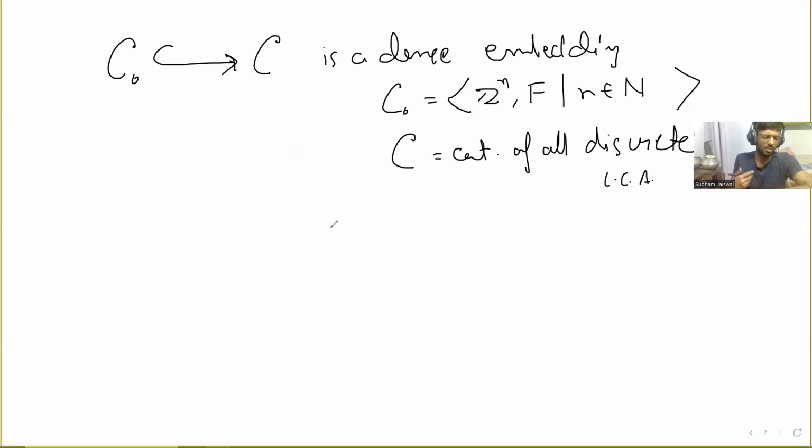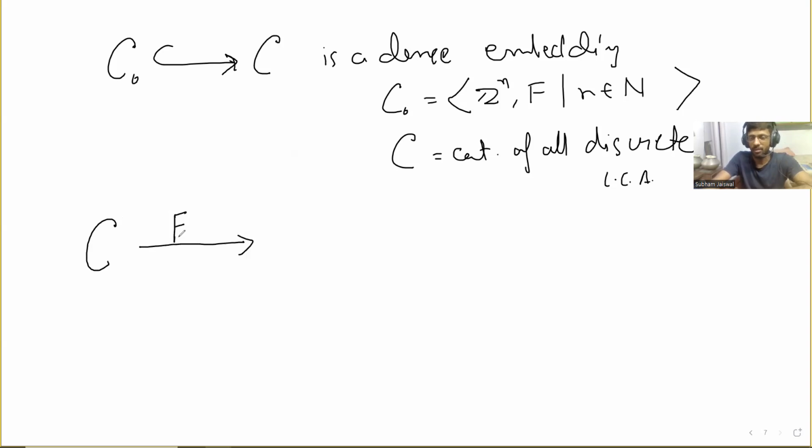At this point, it might look a little unnatural. We want to say that from this category of discrete groups, you can get a functor.